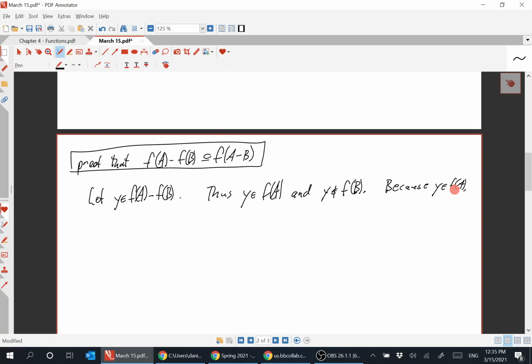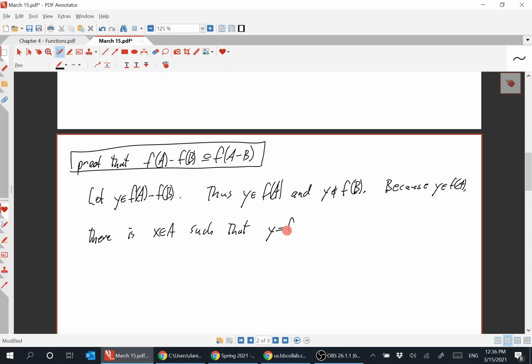So by definition, there is x in the domain, x in A, such that y equals f of x.